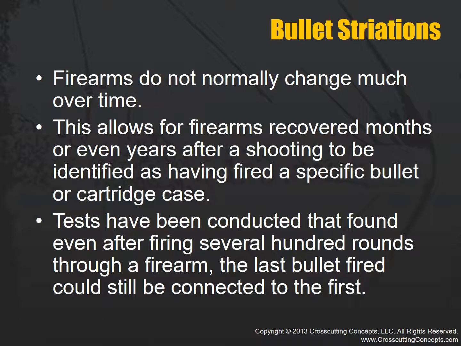So firearms recovered months or even years after shooting can be matched to the bullets used in the shooting because they just don't change. It's pretty awesome, isn't it? Also, tests have shown that even if you fire several hundred rounds, the first bullet and the last bullet are almost the same.